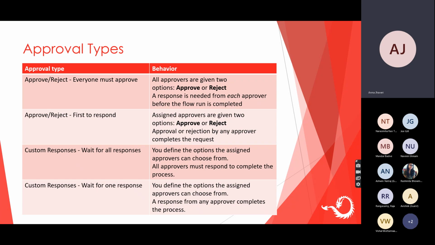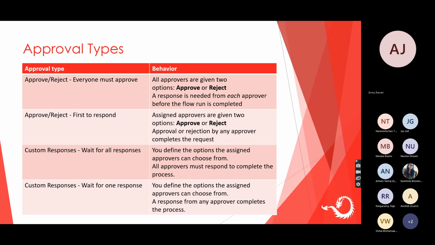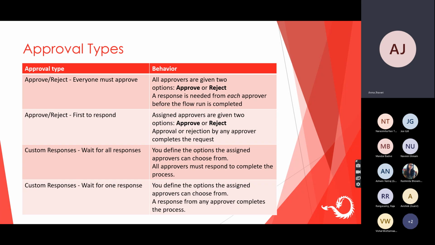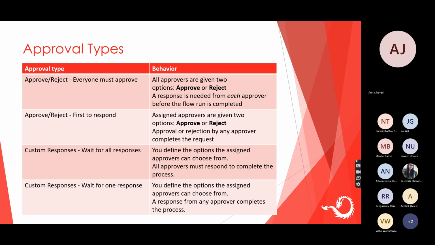All right. So there are 4 types of approval which you can configure in the approval actions. On those 3 approval actions we saw, you can configure those actions to have any one of these 4 types of approval. So first is approve, reject, everyone must approve.